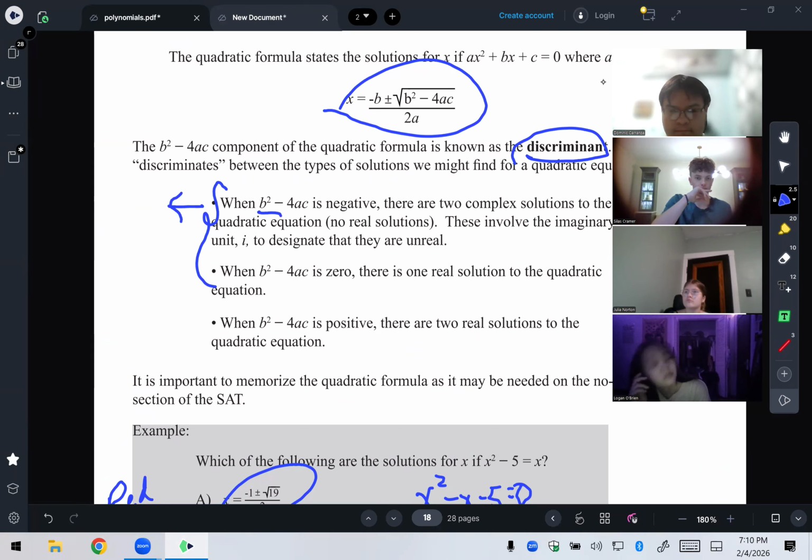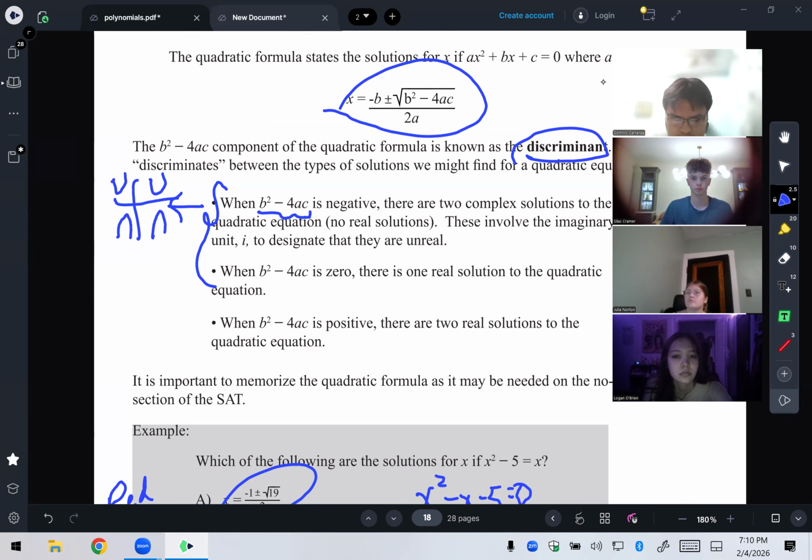So when b squared minus 4ac is negative, the parabolas are going to be, like Jim calls them, floating. They don't touch the x-axis. So there's no real solution, 2 unreal solutions. But when it's 0, it's going to touch at one point.